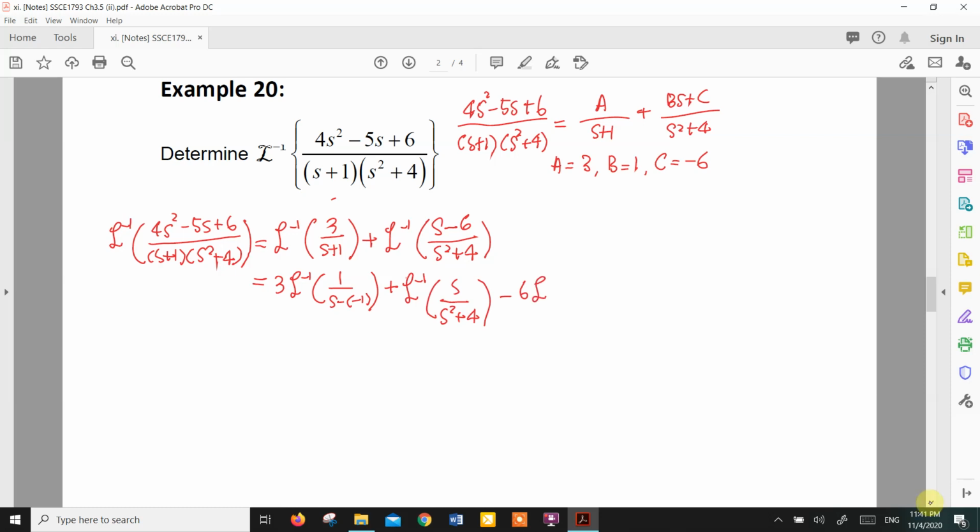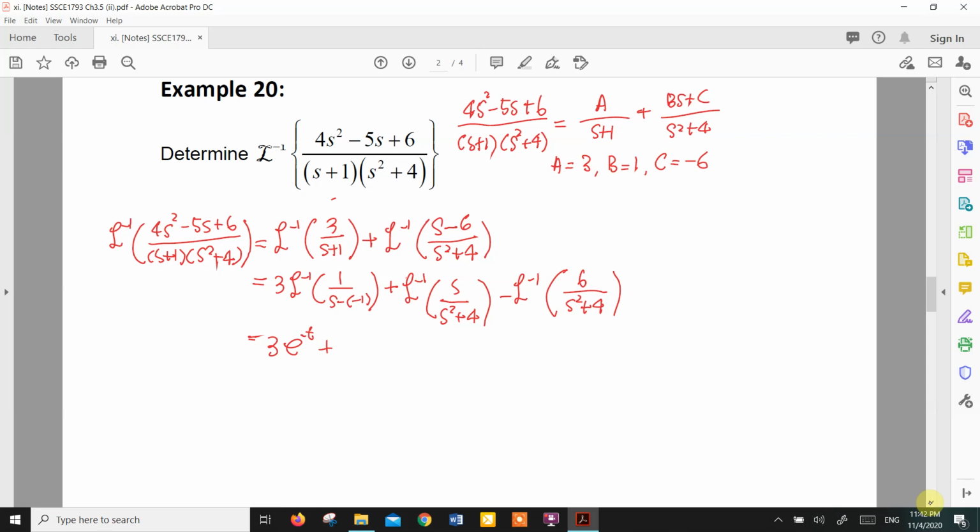minus the inverse of 6 over s square plus 4. Okay, this is 3. If you have 1 over s minus a, then it will be e to the negative t.